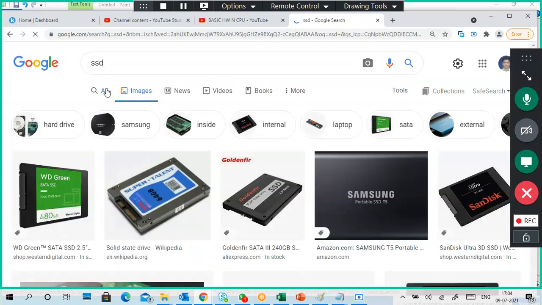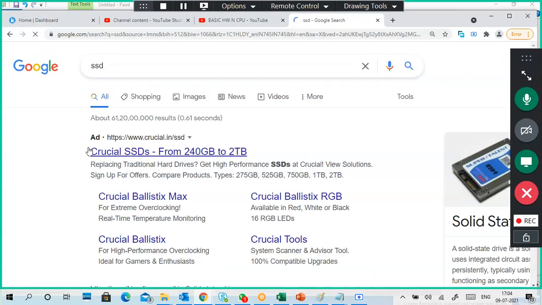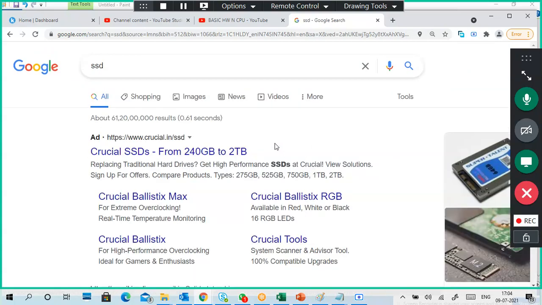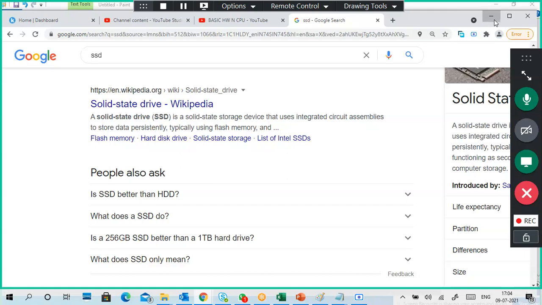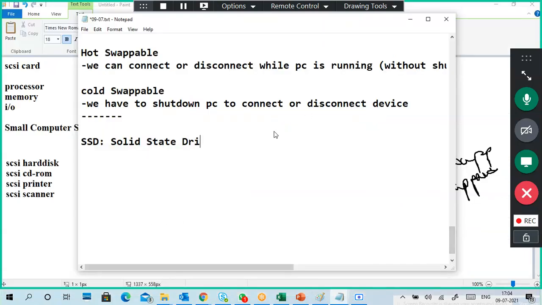Nowadays the technology has changed again, so different types of connectors are there. Okay, so when I type SSD, solid state drive. Earlier days, a lot of people used computers without knowing about SSDs, because at that time SSDs were not there.